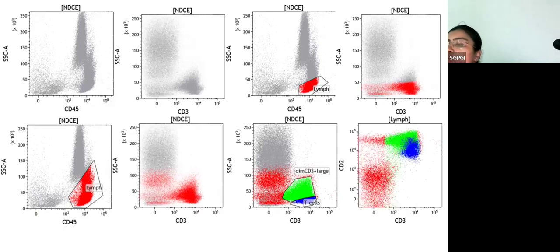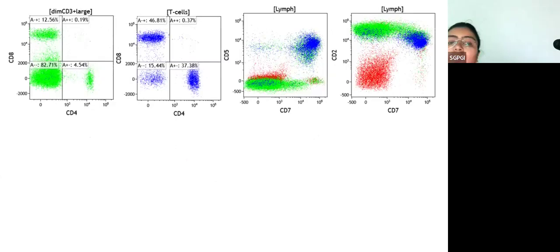Now you look at the CD2 expression. So CD2 in the normal cells is blue here, and your green cells are all over on the top. 4 and 8: in our dim 3 positive large cells, the majority of cells are 4 and 8 negative, while our normal T cells are showing this nice normal kind of split. Now with respect to CD7 and CD5, the green cells, which were dim 3 positive and large in size, you see that they nearly completely lack 7 expression.